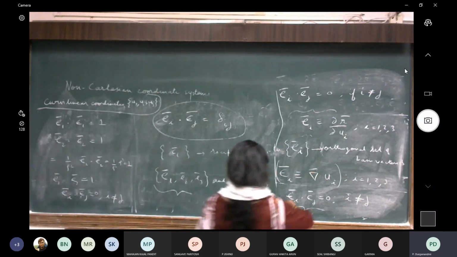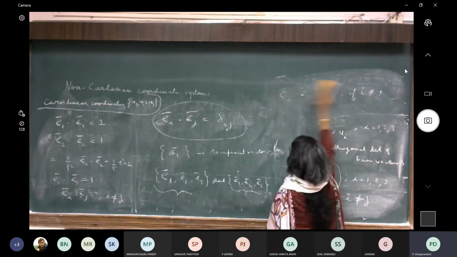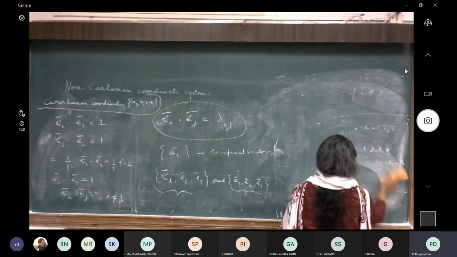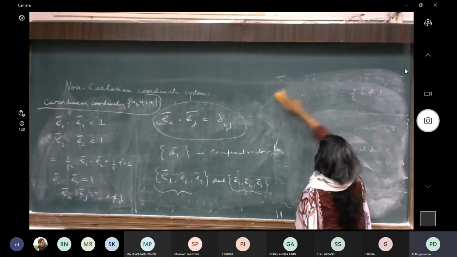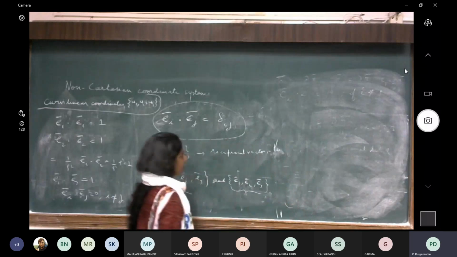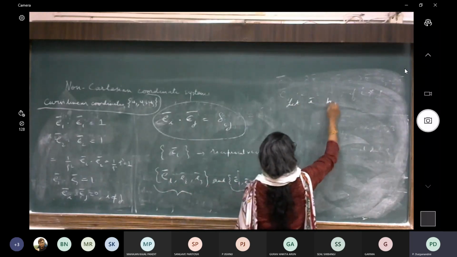So now I have a choice to expand my vector. A general vector, since I'm in 3-dimensional space, can be expanded in terms of the basis vectors. So let A be some arbitrary vector.